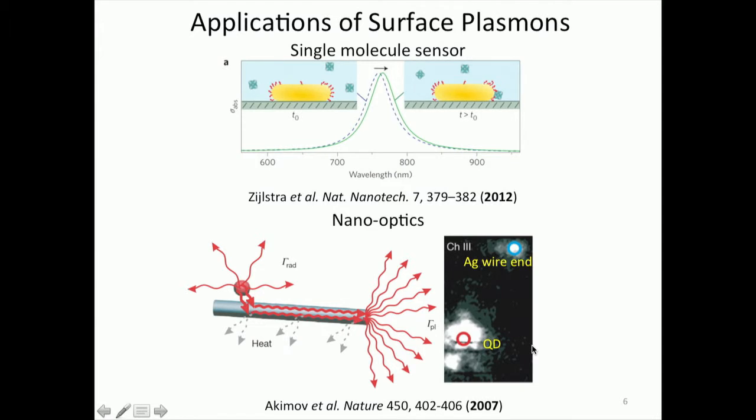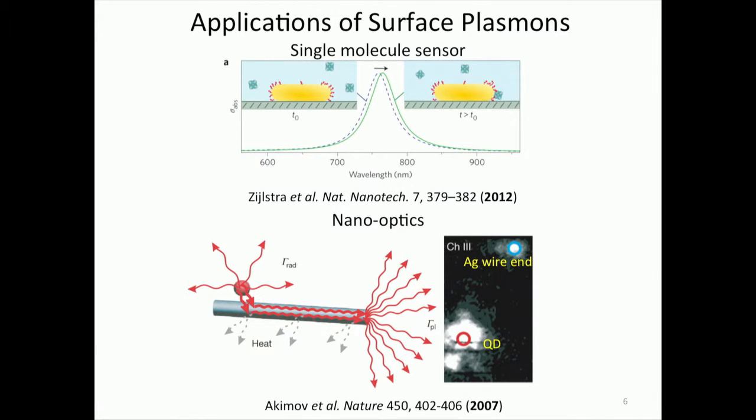Then let's talk about interesting applications of surface plasmons to start, which are the more conventional ones. Here you see on the top a single molecule sensor developed in this paper, which basically means that you have a nanostructure, a rod, and you can keep monitoring the surface plasmon resonance of this rod.